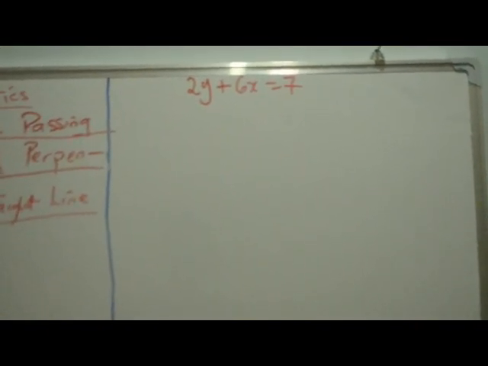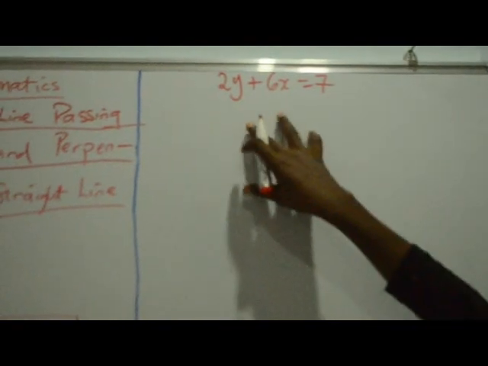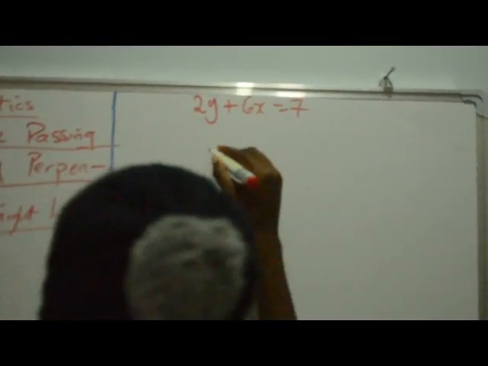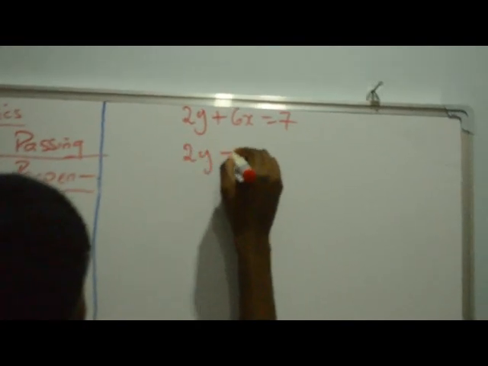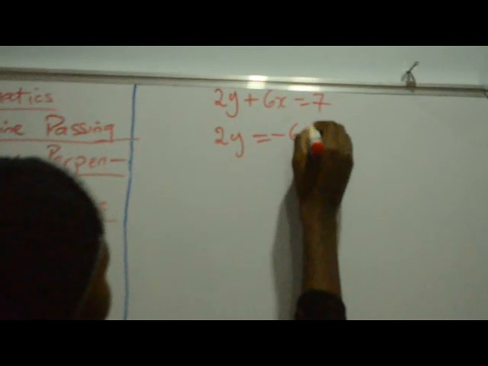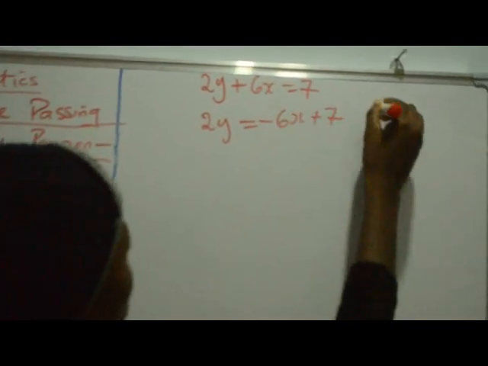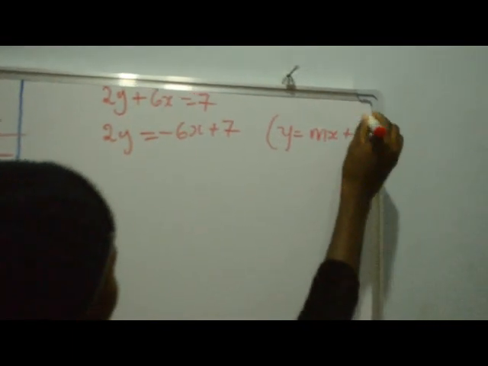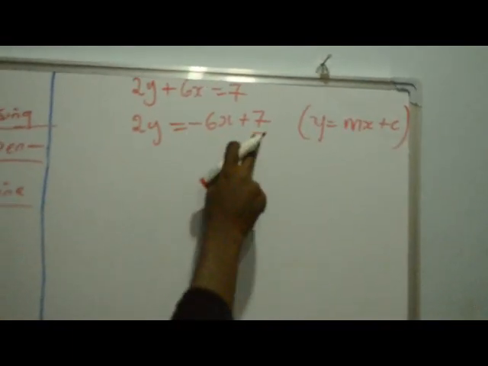So to get our gradient from here, we have to make y the subject of the formula, that is, y has to stand alone. So 2y will be equal to, this will become -6x + 7. We have to follow the format y = mx + c. That's why our x is coming before the constant.